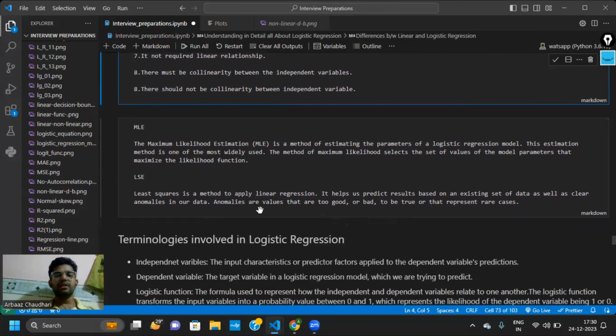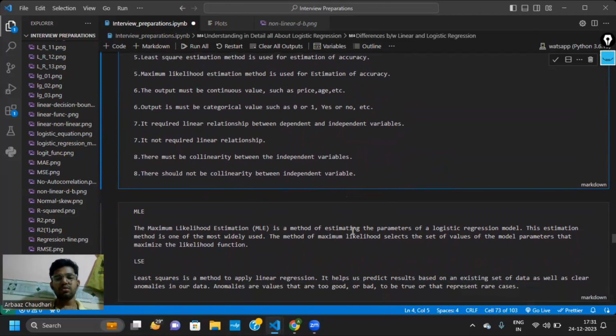But in logistic regression, we have MLE as the estimation method, used for the estimation of accuracy. MLE is a method of estimating the parameters of a logistic regression model. Parameters means the weights of a logistic regression model. We are trying to find out the weights of a logistic regression model.